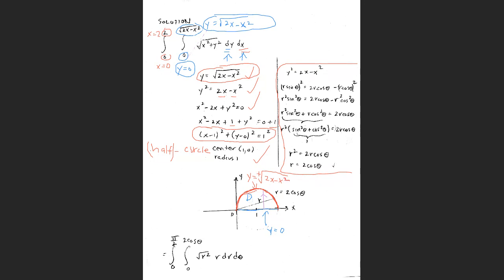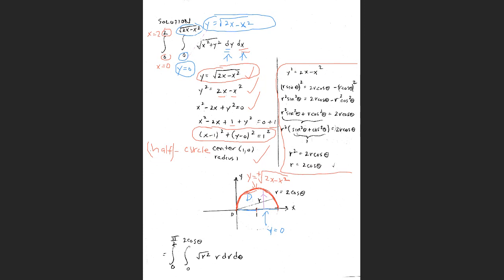Will you get this semicircle centered at 1, 0? You get the semicircle? Let me know. Good.